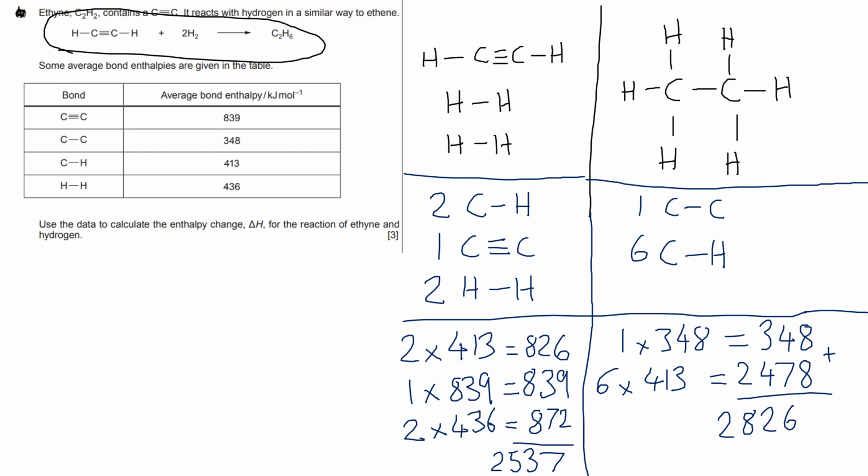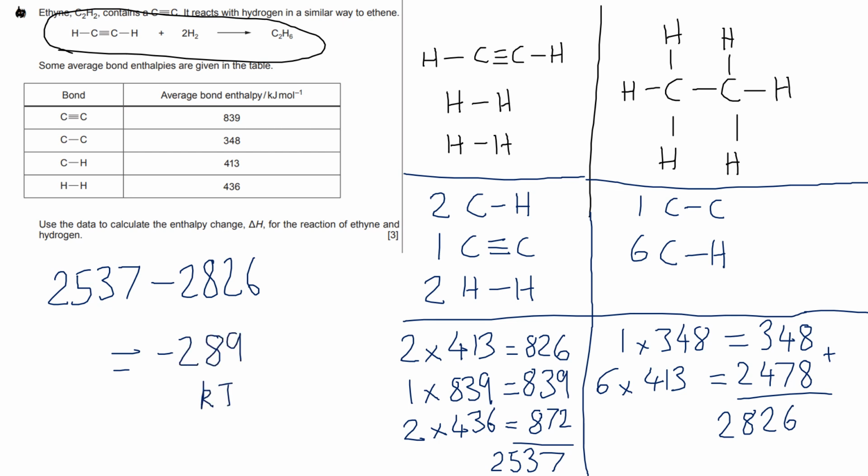So to work out the overall enthalpy change, it's going to be 2,537, which is the endothermic, minus the exothermic, which is 2,826. And that comes out as minus 289 kilojoules per mole, so it's exothermic.